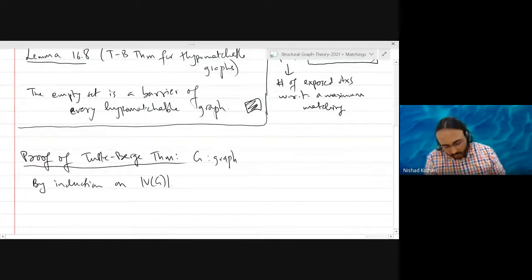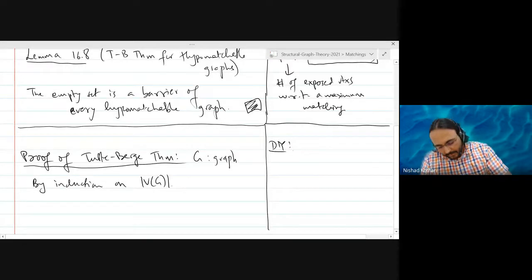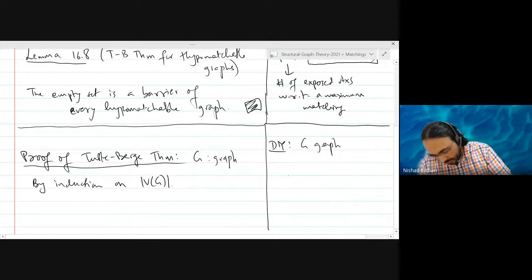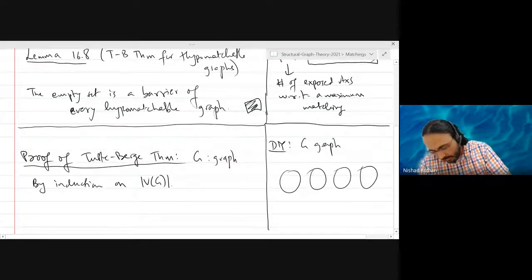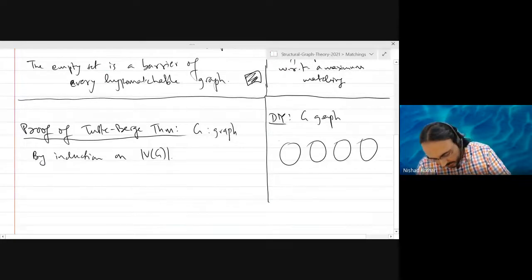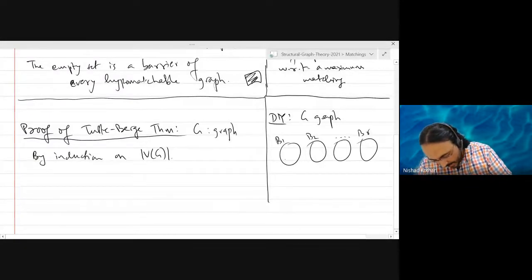And there is one more do-it-yourself, which I think I put on yesterday's do-it-yourself problems. If you have a graph G, and let's say it has a bunch of components, so in general it may not be connected. So for each component you take some barrier, right? So B1, B2 up to Br. They are barriers in the components G1, G2 up to Gr. Okay.